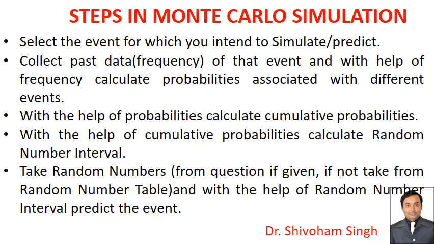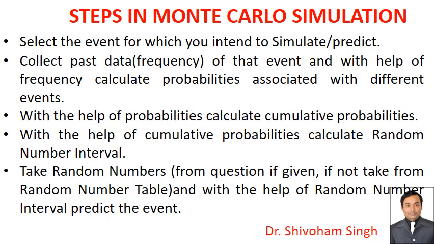In the third phase, with the help of probabilities, we calculate cumulative probabilities. In the fourth phase, with the help of cumulative probabilities, we calculate the random number interval. And at the final stage, from the random number table, we select the random numbers blindly from any point, making sure that we do not break the series.